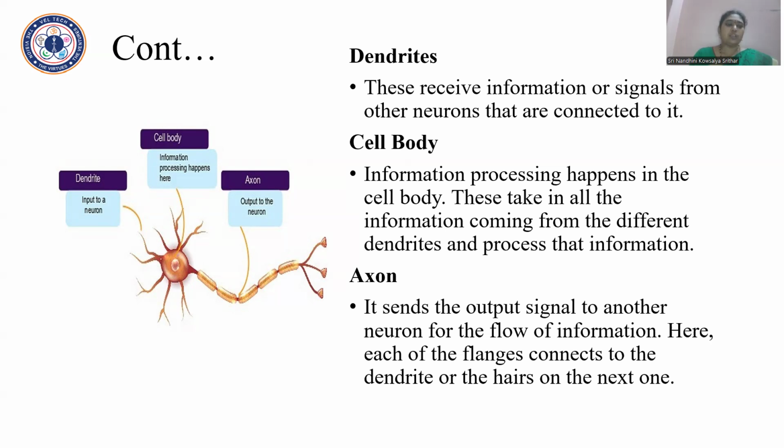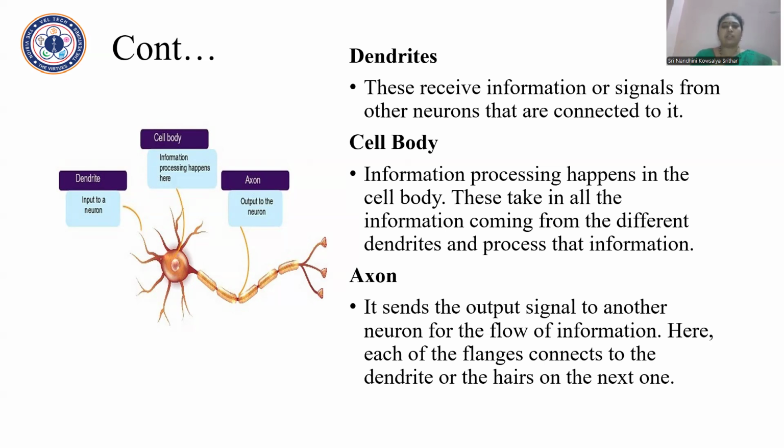Then in the neuron, the cell body does the processing of the information, and then the axon gives the output. So after the processing, the output is sent through the axon. Then it is known as the output signal of the neuron.